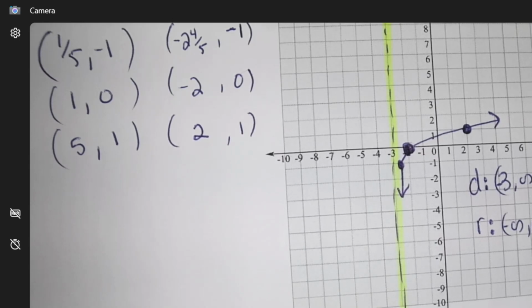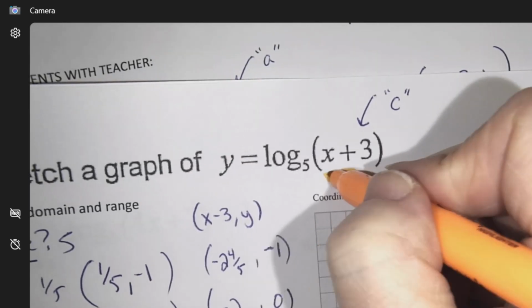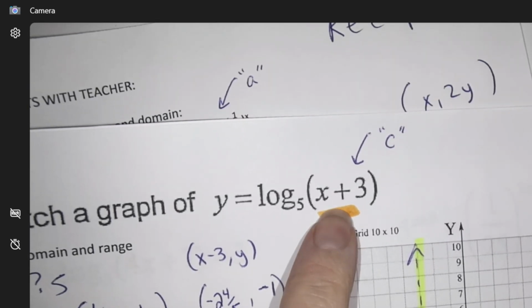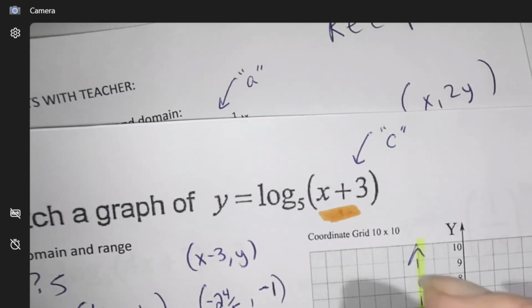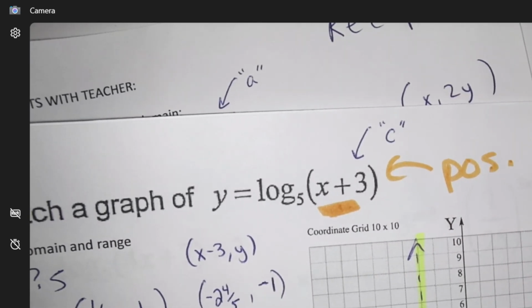You know what this also correlates to? This domain is also a reason why. What has to happen here? It has to stay positive. So if you needed this to be positive, we have to be above negative 3, right? Make sense?